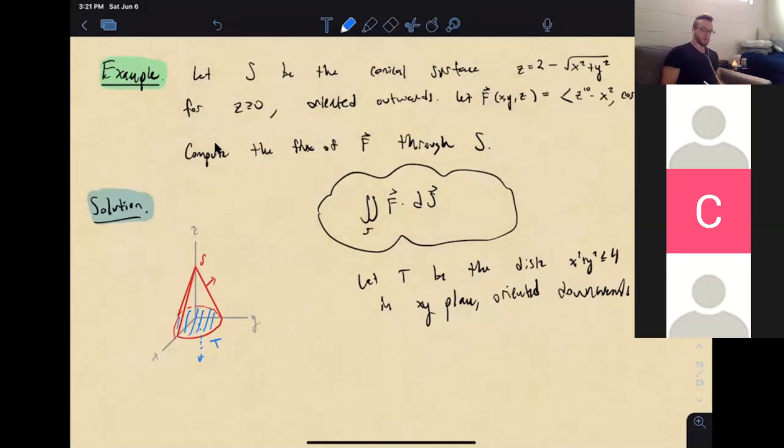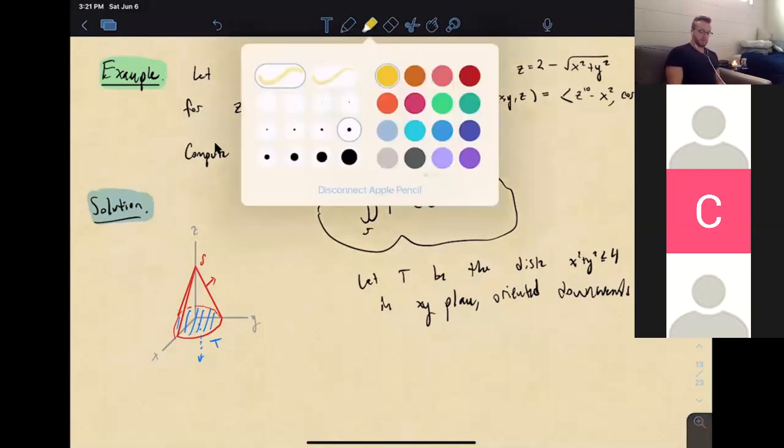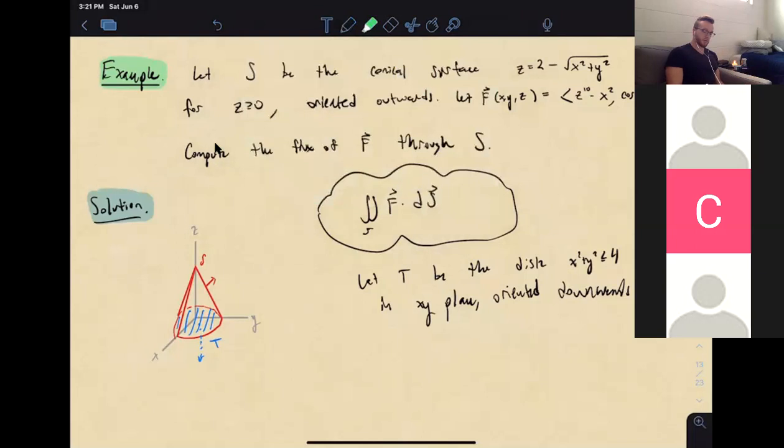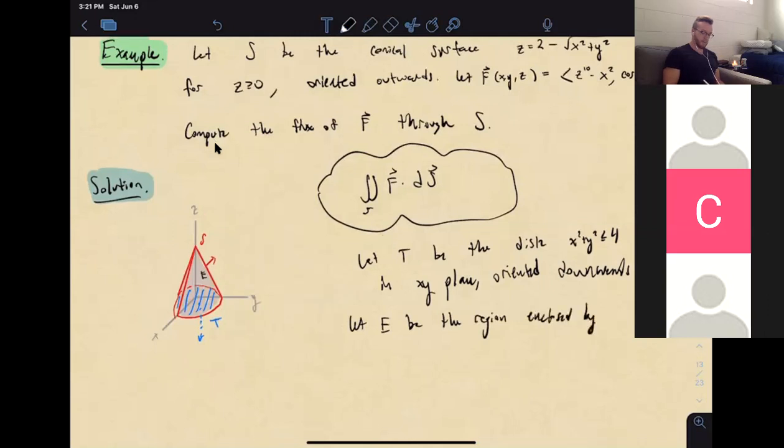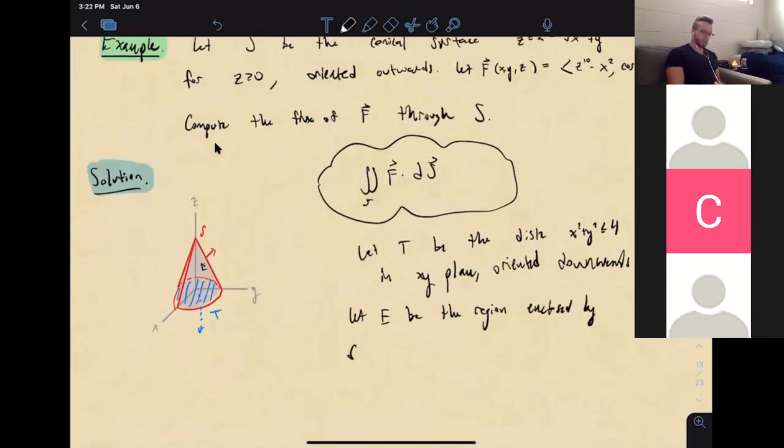Then, if I want to use, for example, the divergence theorem, I could fill in the cone. I'll call that E. So let E be the region enclosed by the cone and the disk.